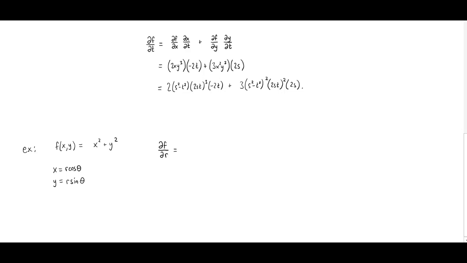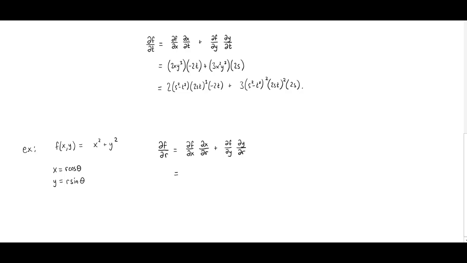So using the chain rule, it's the same as what we had before. I just need to use r and theta instead of s and t. All right. So I'd have partial f with respect to x, and now I'd have partial x with respect to r. And then we do plus partial f with respect to y times partial of y with respect to r. Okay? All right, so we'll plug everything in.